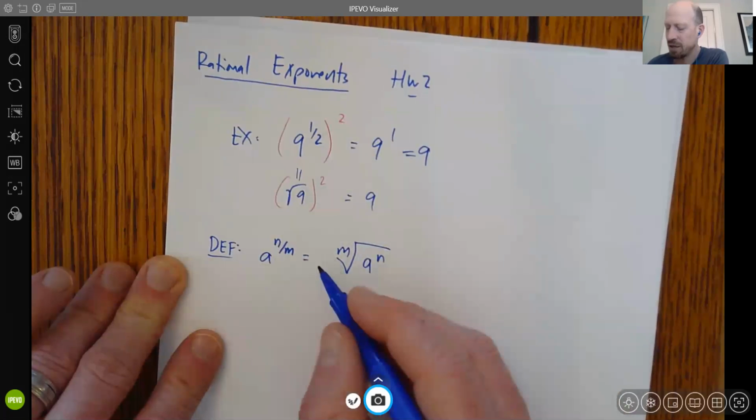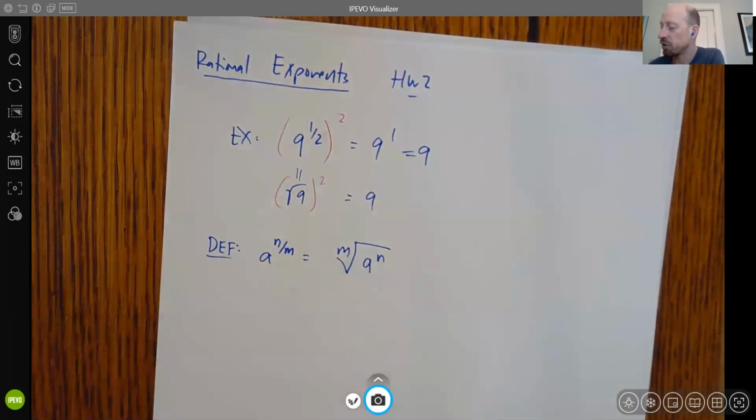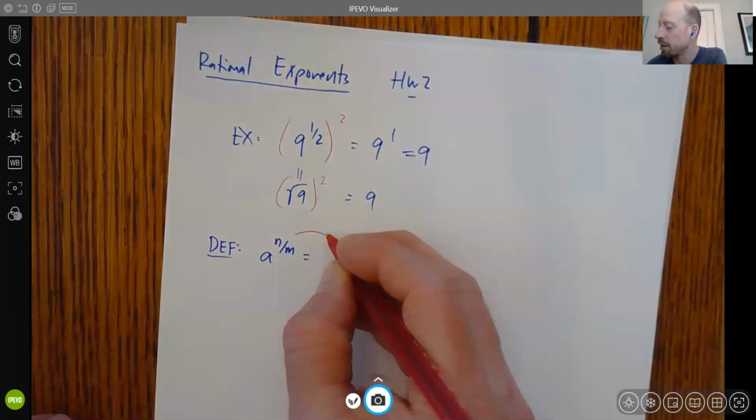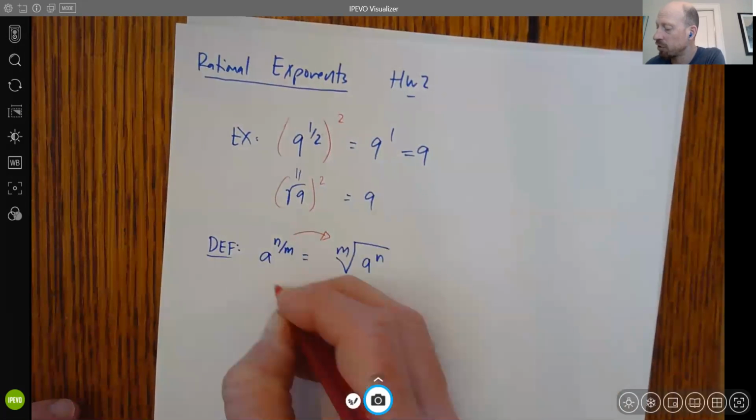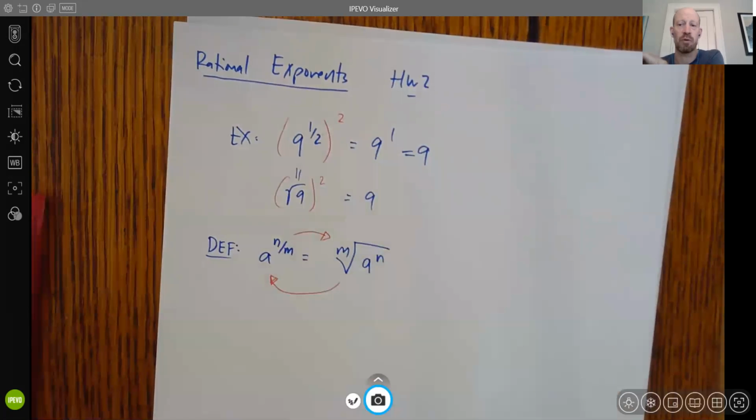So this is how I can convert from a rational exponent to a radical, or from a radical to a rational exponent. I can go back and forth between those two. Let's just see some examples here.